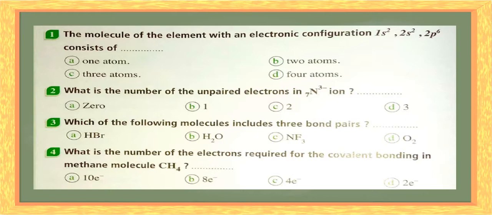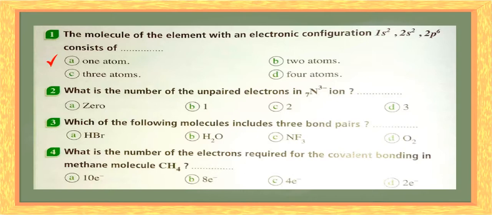When we sum these, we have 2 plus 2 equals 4, plus 6 equals 10. So this is the electronic configuration that makes only one atom, as we have only numbers that belong to the same element and they are arranged ascendingly. So we have the molecule of an element, and this one consists of only one atom.